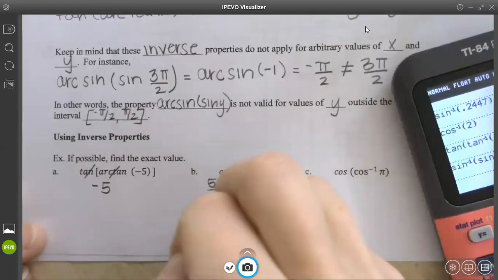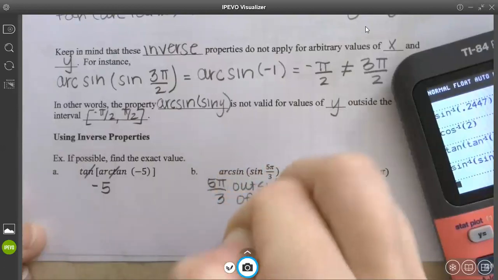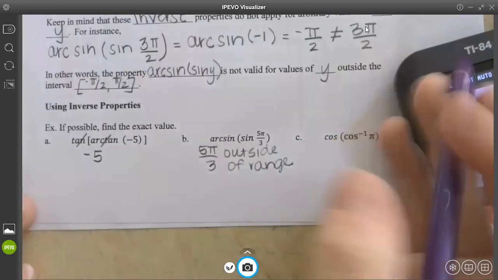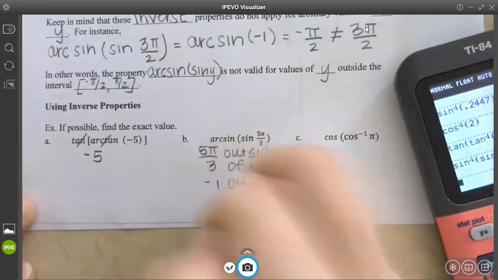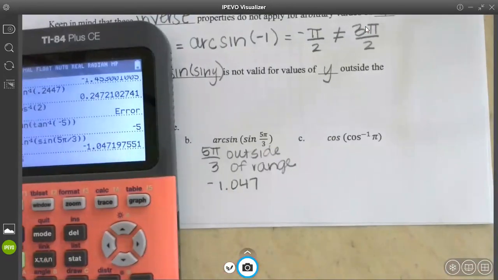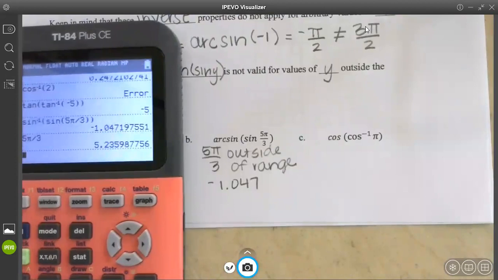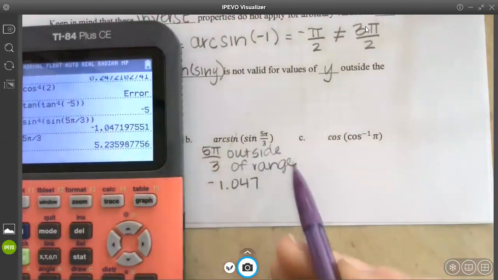The value is -1.047. What is 5 pi over 3? How far is it outside of that? It's like a whole unit circle, like a whole 2 pi. So if we change it, we can find that. I'm not worried about that. This is just what I'm telling you. You cannot cross these out because it's outside of that range.